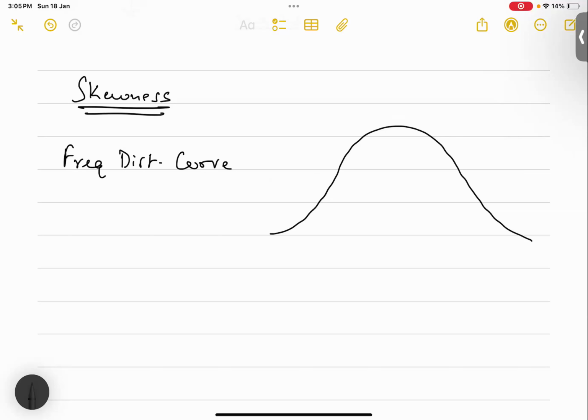This is called a symmetric curve, because if we divide the curve into two parts, it is exactly symmetric.